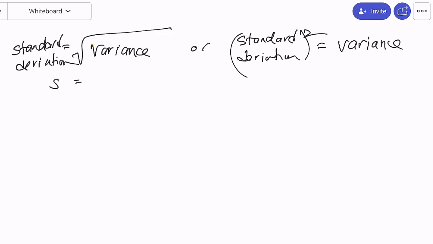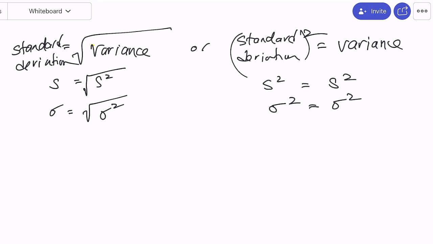So I don't have a symbol for variance. I have a symbol for standard deviation. So standard deviation squared is the variance. Nice and confusing if you don't get it, but if you get it, it's obvious.